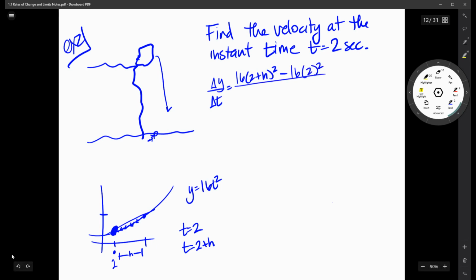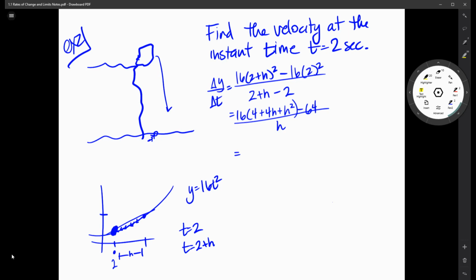This is all over our second time, 2 plus h, minus our first time, 2. So let's simplify that a little bit. 16 times, expand it out, 4 plus 4h plus h squared, minus 16 times 4, so that's 64. This is all over 2 plus h minus 2, that's just an h.